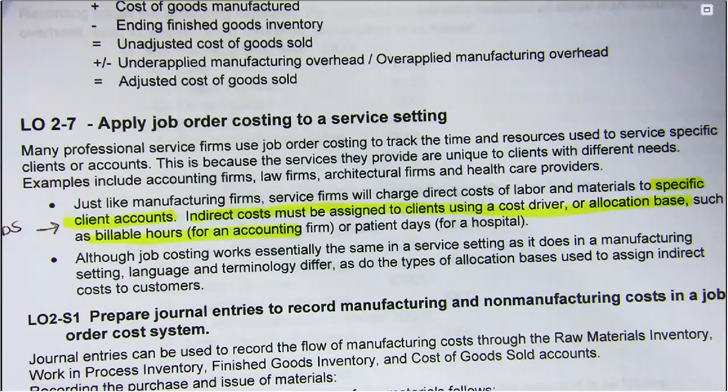So it might be, in a healthcare setting, generic supplies like gauze and bandages. With other types of service businesses, it might be employee time spent on training or supervision or paperwork. And you would have to determine an allocation base or cost driver to allocate those costs. But essentially, job order costing can be very effectively used in the service industry as well.